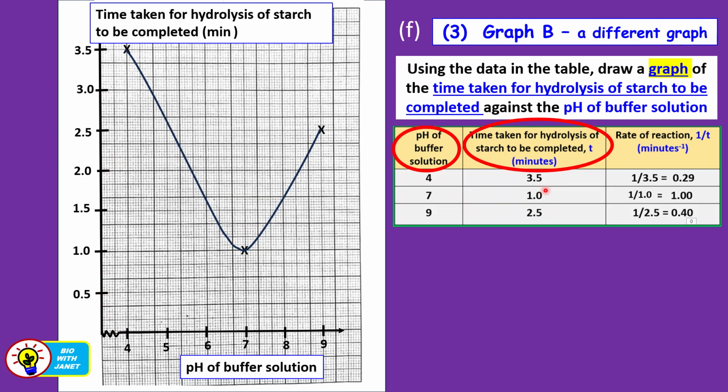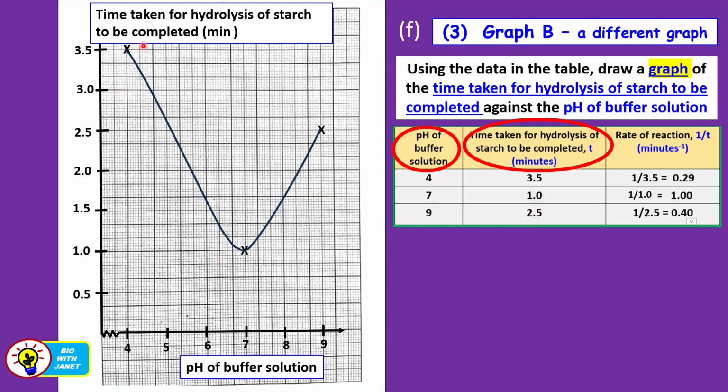That is the largest value, so I try to use the maximum space on the graph paper. That's why my scale is like that. Three large boxes here is for 0.5 minutes. The readings are 3.5, 1.0, and 2.5, so 2.5 and 3.5 can be easily determined here.